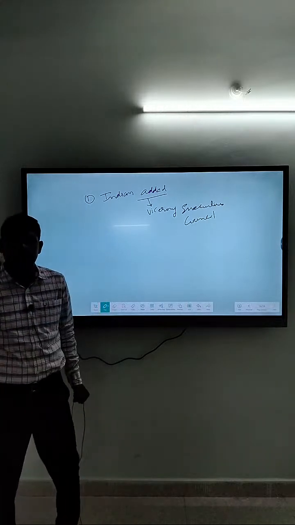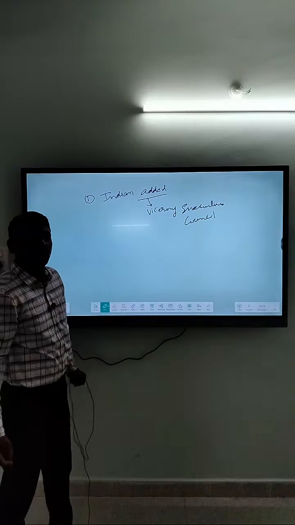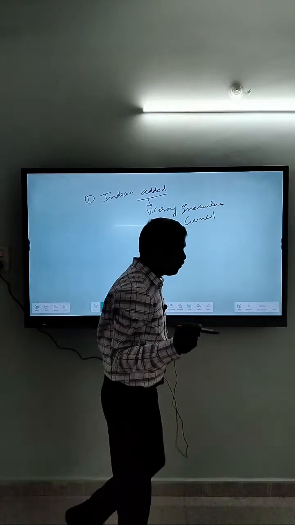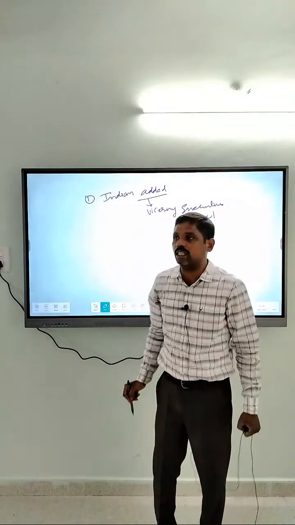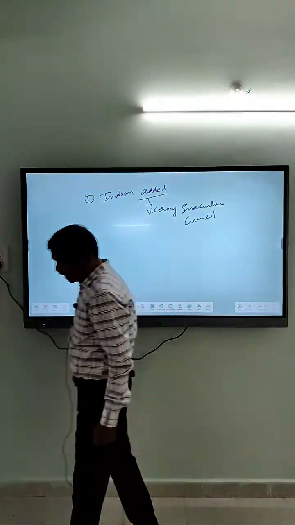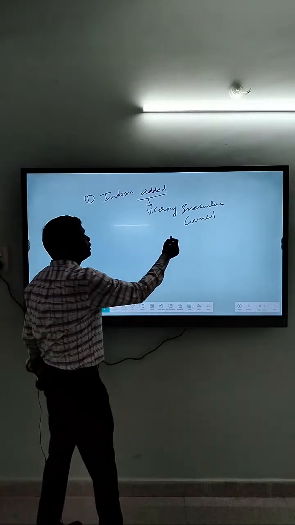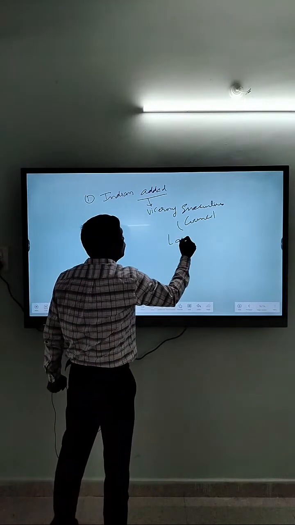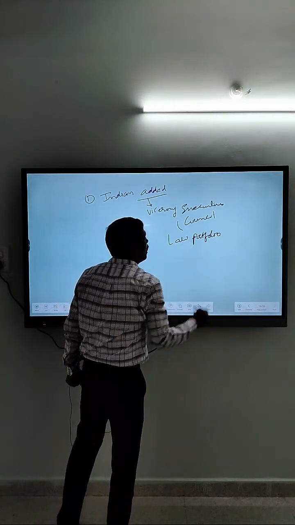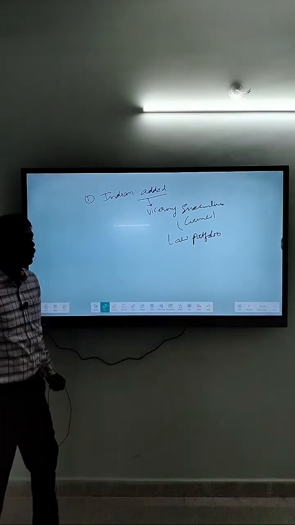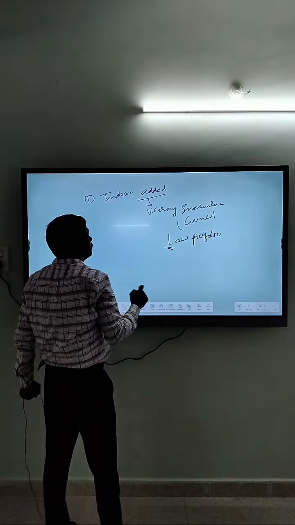It was Satyendra Prasad Sinha who was the first Indian to be appointed to the Viceroy's Executive Council, and he was given the law portfolio. SP Sinha was given the law portfolio. Alright. So this is the point.